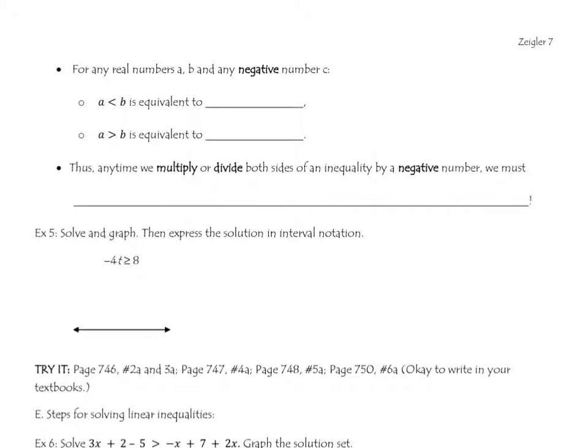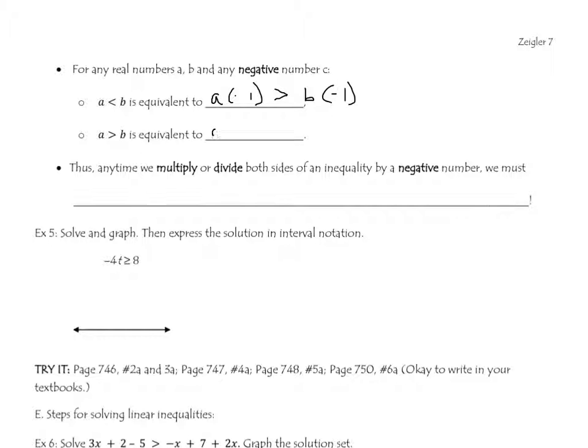Okay, there is one difference in the multiplication problem, and that is if we multiply both sides by a negative number, or if we divide both sides by a negative number, then we need to reverse the inequality. So if we multiply both sides by -1, a times -1 and b times -1, then we have to change it from less than to greater than.